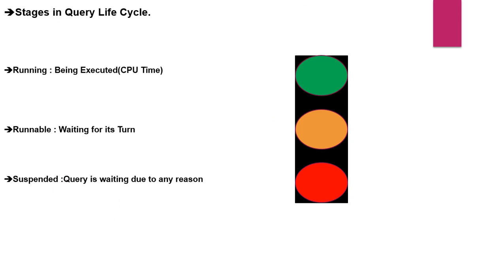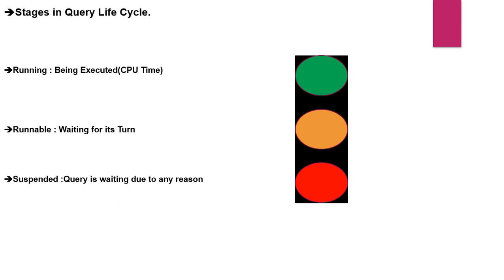Runnable stage means a query is ready to execute but waiting for its turn. Suspended stage means the query is waiting for another task to complete. Our query didn't get enough resources like CPU, memory, or network to complete. It might be waiting for other tasks to release some resource.